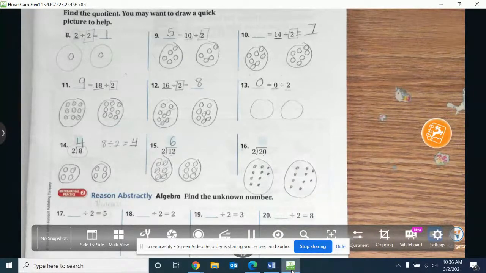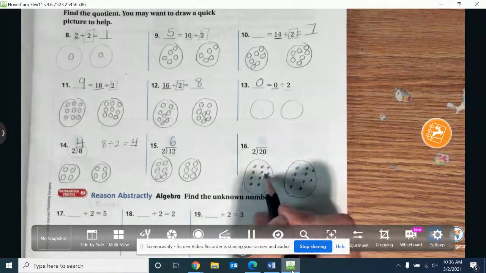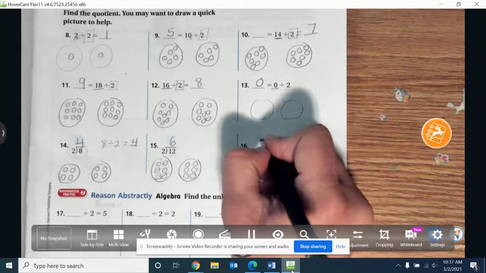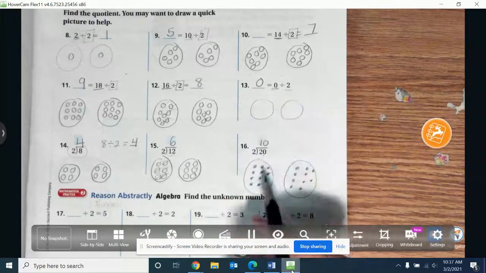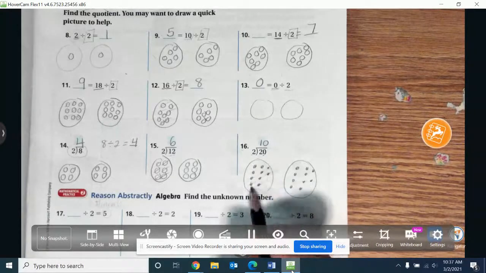How many are in each group? 1, 2, 3, 4, 5, 6, 7, 8, 9, 10. In other words, 20 counters divided into 2 groups gives me 10 in each group.